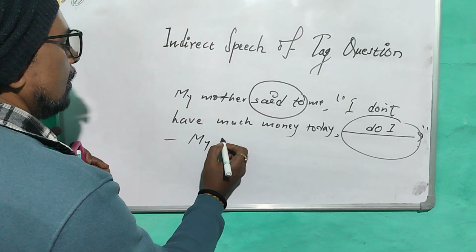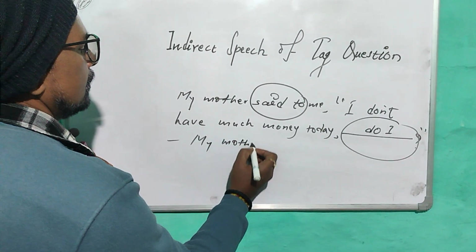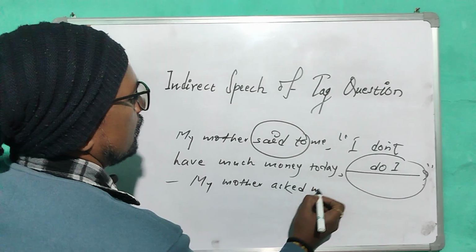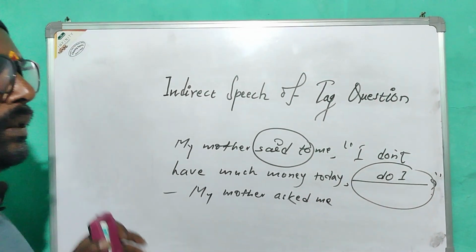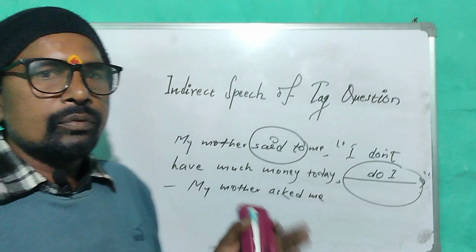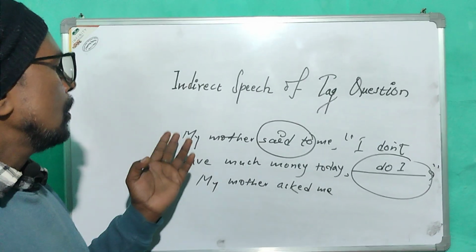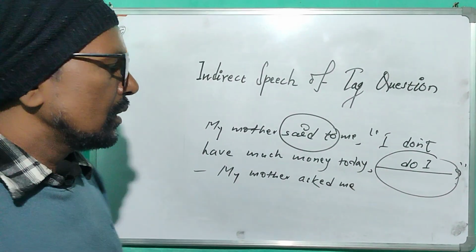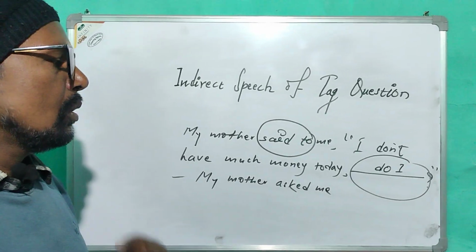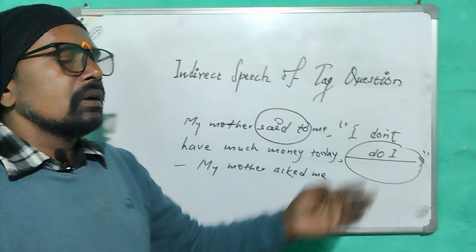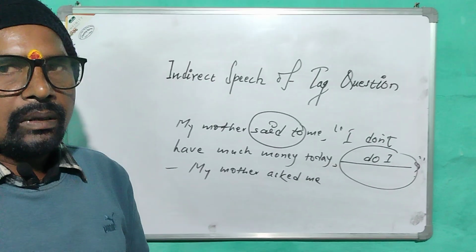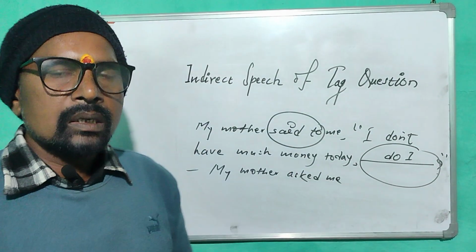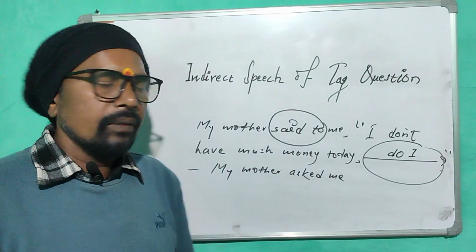My mother asked me. One thing all of you have to remember here: the reporting verb and reported speech must be joined with if. When there is a tag question, the reporting verb and reported speech must be connected with if.